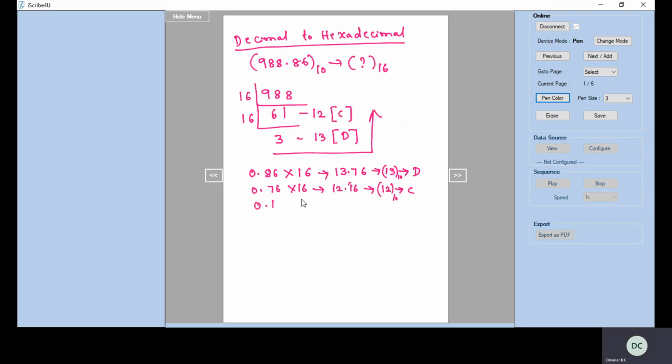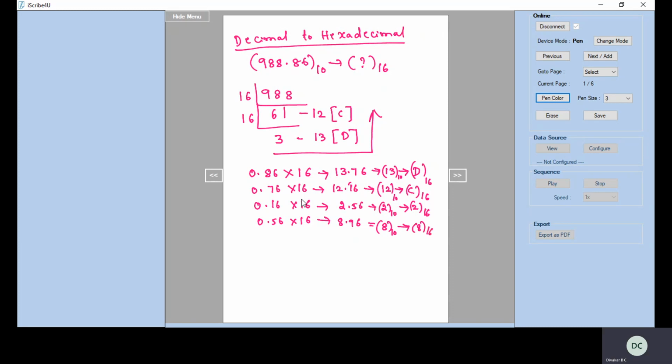Next, 0.16 into 16 is 2.56. The equivalent is 2 in hexadecimal. And 0.56 into 16 is 8.96. 8 to the base 16.